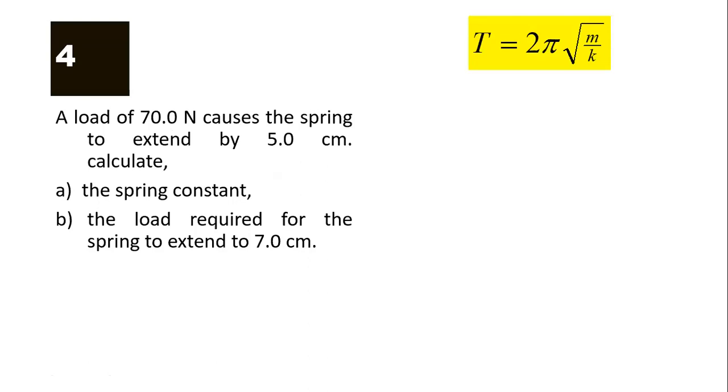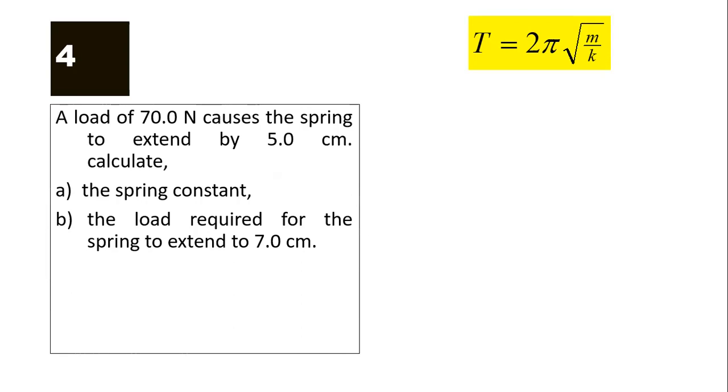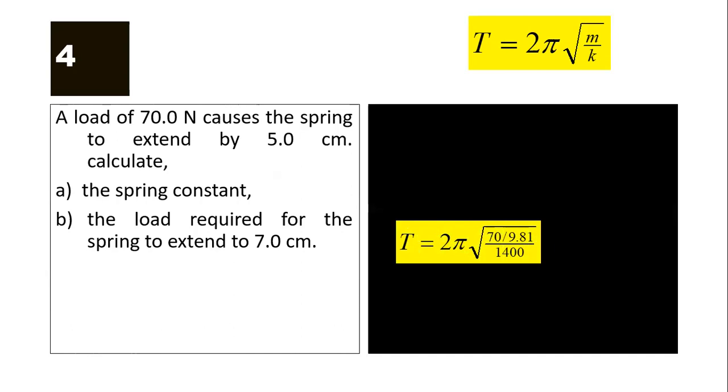Go and calculate your k. What's the value of k? Okay, 70 divided by 0.05. Just give me one answer, don't tell me what to do. I just gave you the formula.